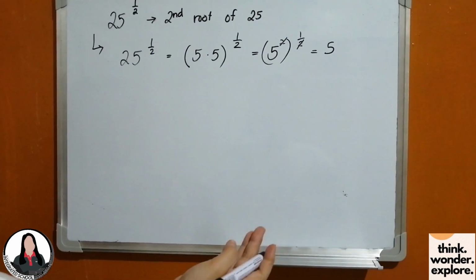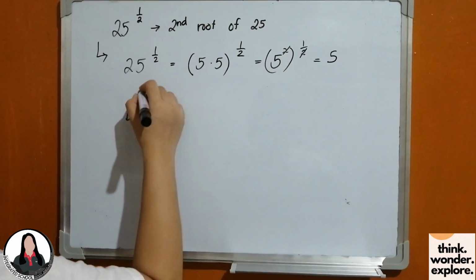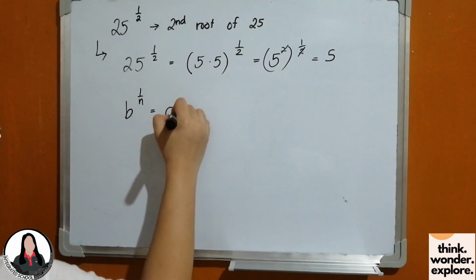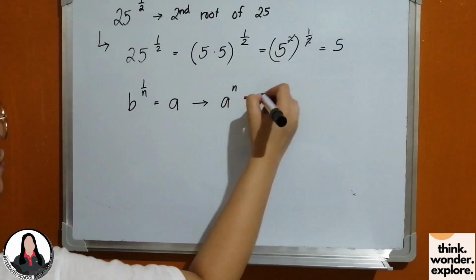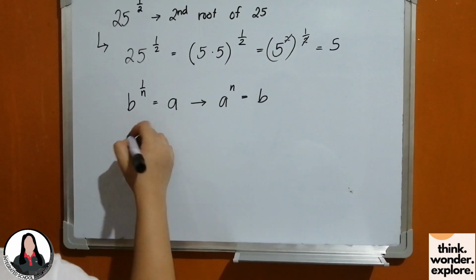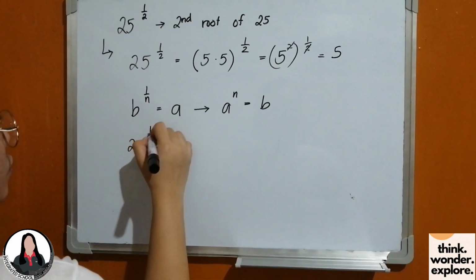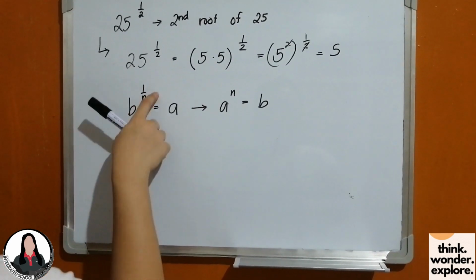By the definition of rational exponents, sabi natin kanina, given that b raised to 1/n is equivalent to a, wherein a, when raised to n, is equivalent to b. So, pwede natin siyang i-apply sa given example natin ngayon. We have 25 raised to 1/2, wherein 25 is b, 2 is n.